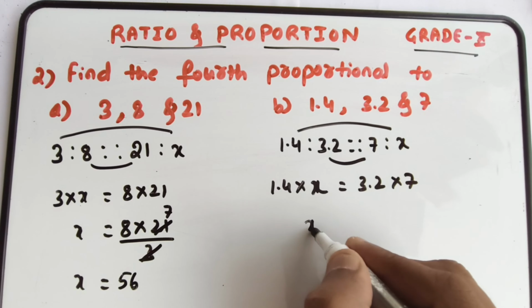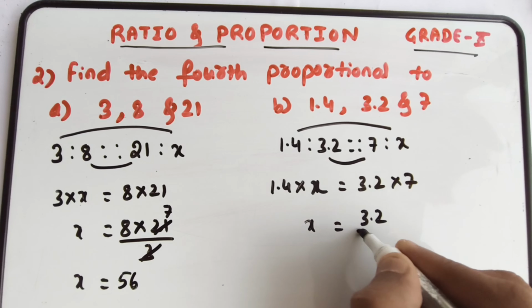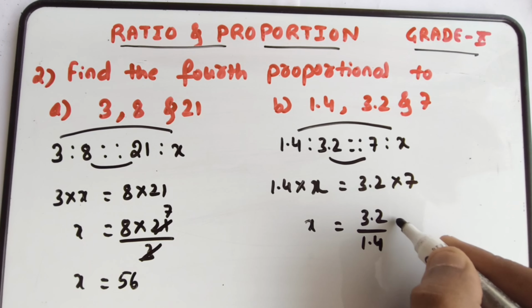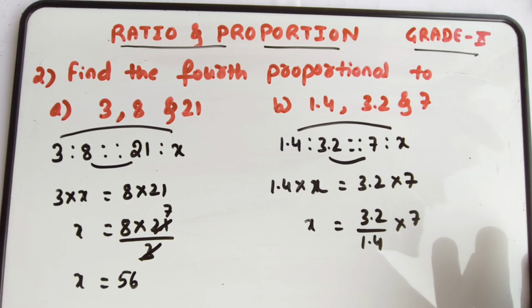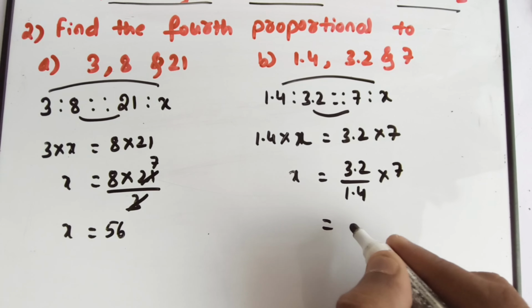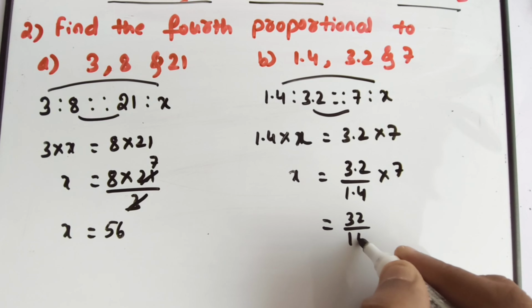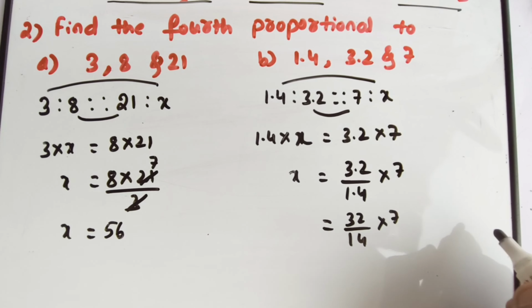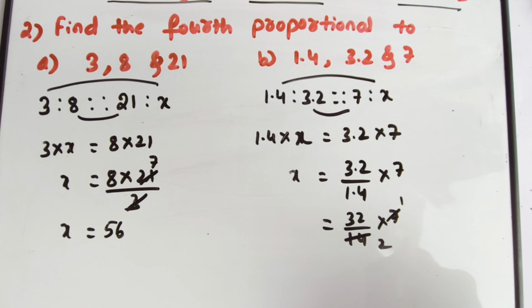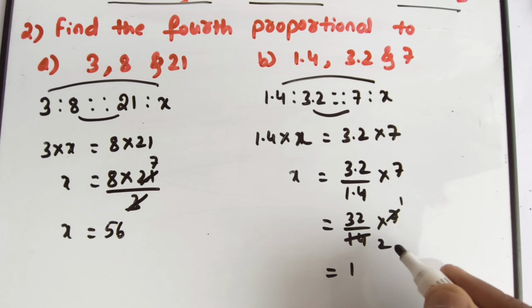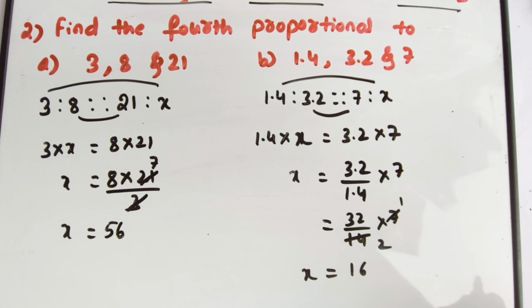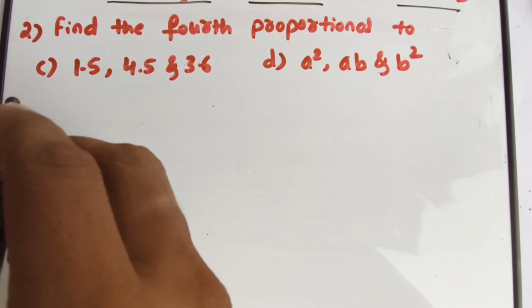X value we have to find now. x is equal to 3.2 divided by 1.4 into 7. You change 3.2 and 1.4 as 32 by 14 into 7. 7 ones are 7, 7 twos are 14. 2 ones are 2, 2 sixteens are 32. The value of x is 16 now. This is the fourth proportional.